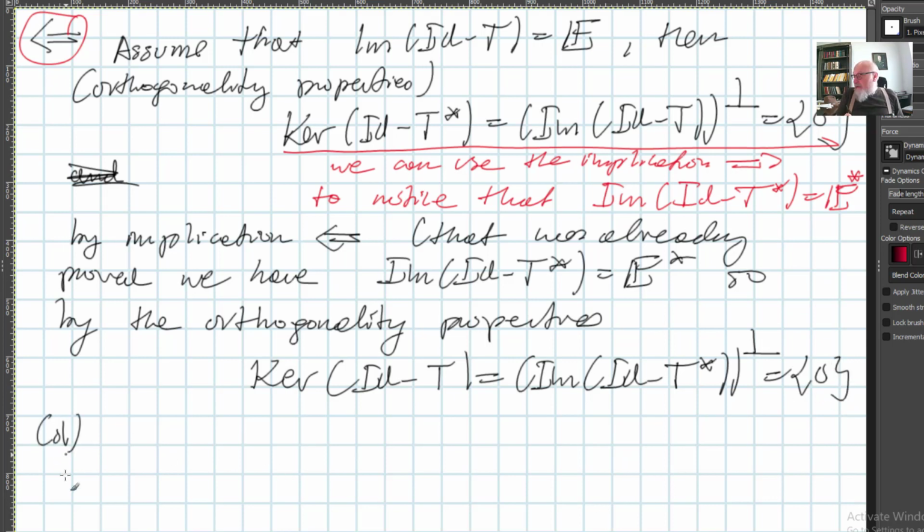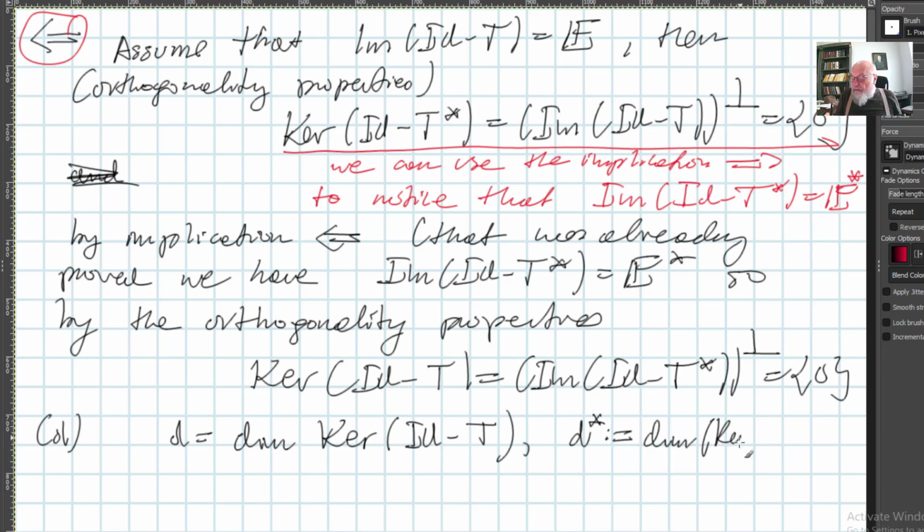Yep. So this is D that is left. So assume, put here D is equal to the dimension of the kernel of identity minus T. And we also put here D star standing for the dimension of the kernel of identity minus T star. So these will be two numbers.